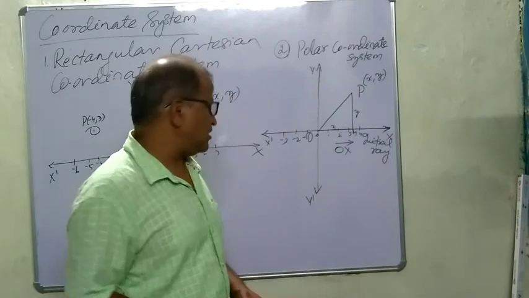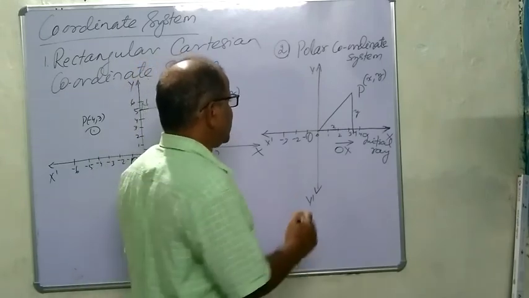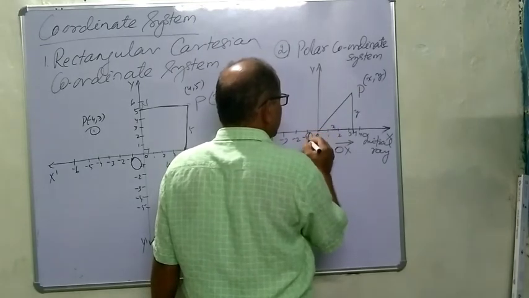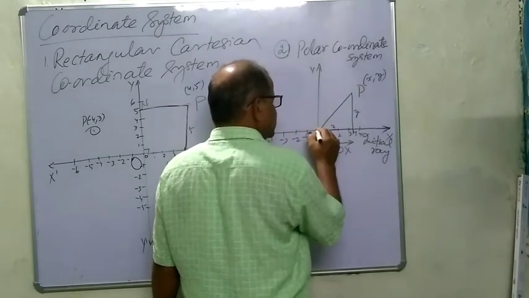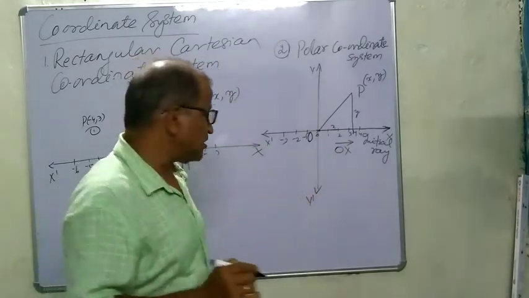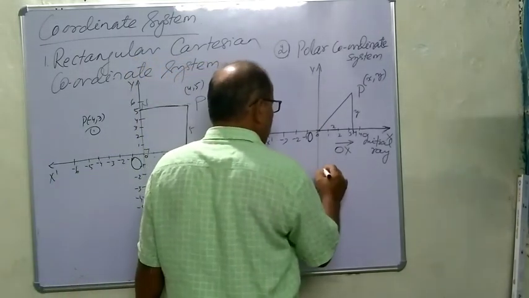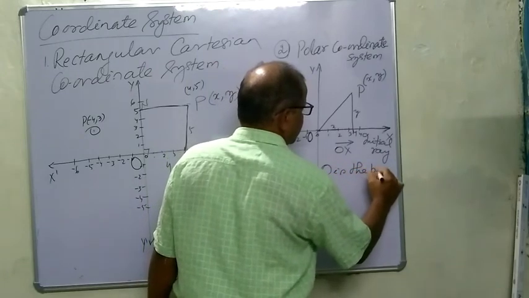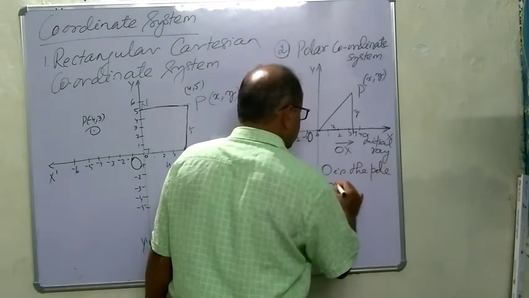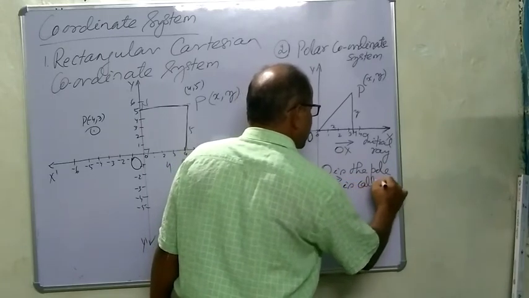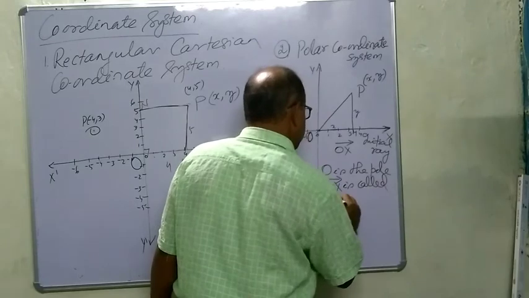You know it well. But we can reach that point in another manner. This point is called the origin in the Cartesian coordinate system. It is called the pole. O is the pole. OX, the ray, is called the initial ray.